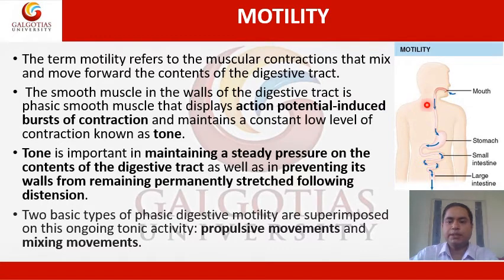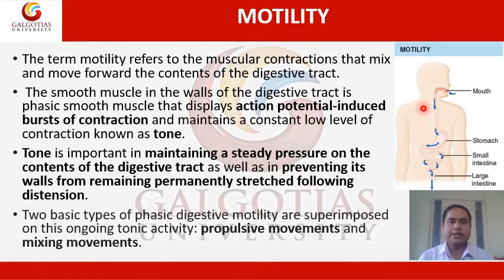The smooth muscles in the wall of the digestive tract are a basic type of smooth muscle that display action potential induced bursts of contraction and maintain a constant low level of contraction known as tone. Tone is important in maintaining a steady pressure on the contents of the digestive tract as well as in preventing its wall from remaining permanently stressed following distension.